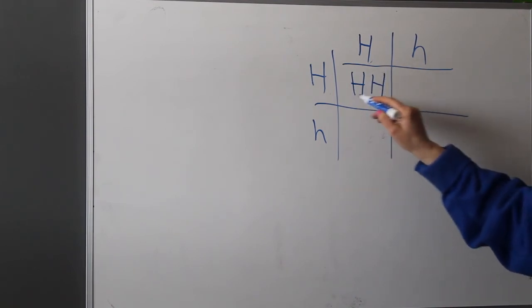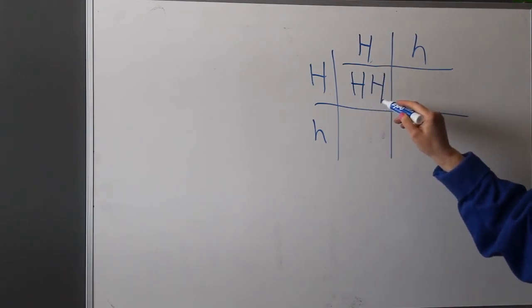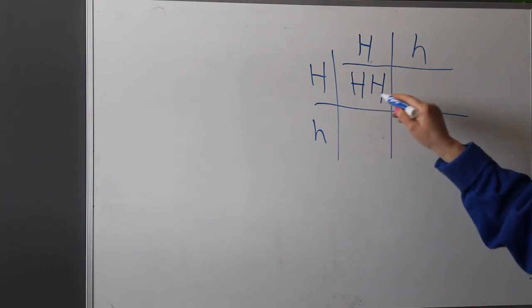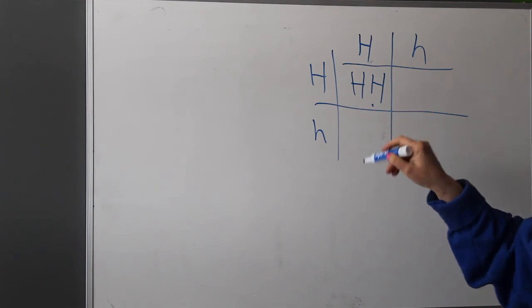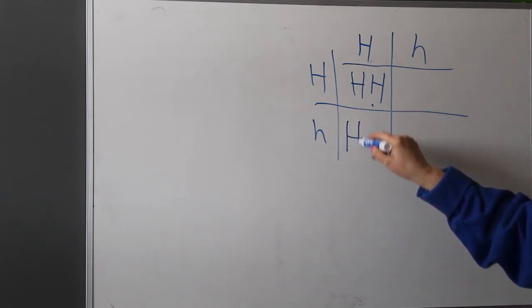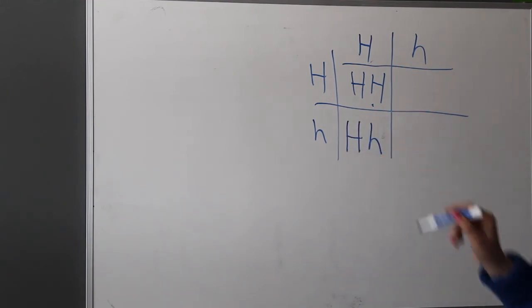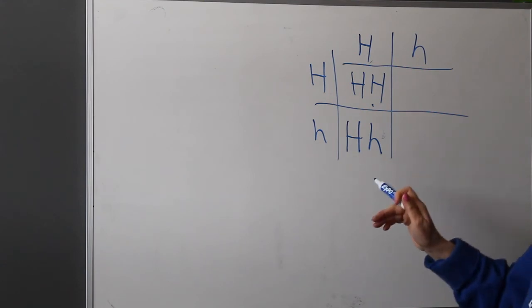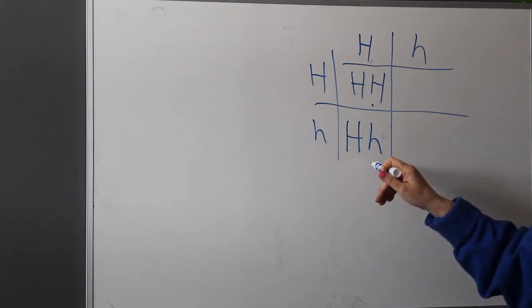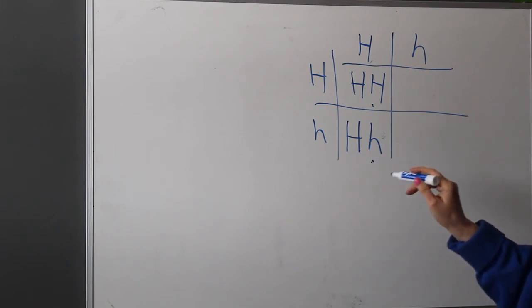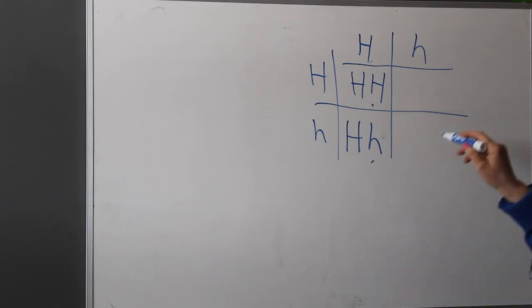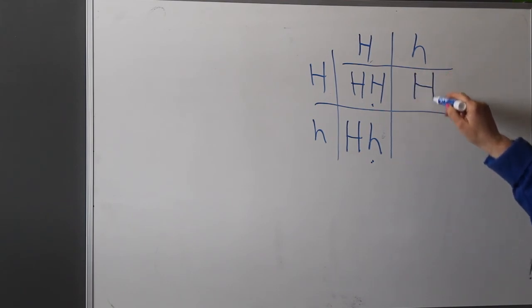We've got one person here who is homozygous dominant, and they will not have the condition, and they will not be a carrier for it. And we've got one person here who is heterozygous, and they will not have the condition, but they are a carrier for it, so their offspring could potentially get the condition. And then the same is going to happen up here.